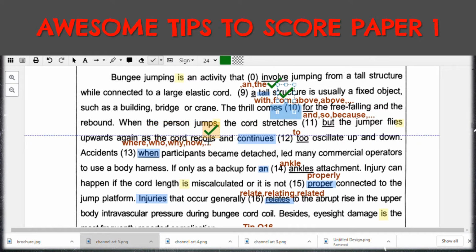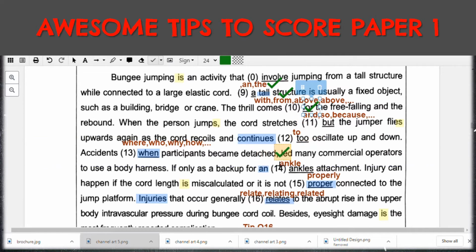When the person jumps, the cord stretches. Do we need "and the jumper flies", or "so the jumper flies", or "because"? Do we need a reason here? No. It's telling you that when the person jumps, the cord stretches, and the jumper flies. So the answer is "and".